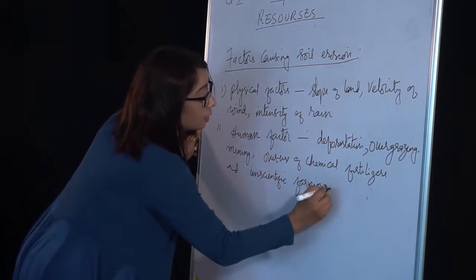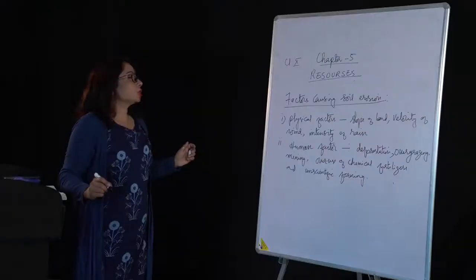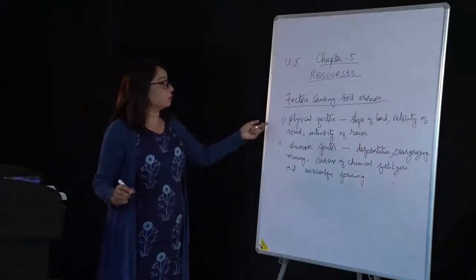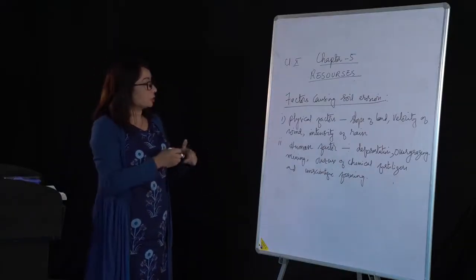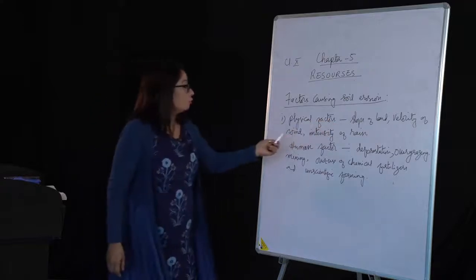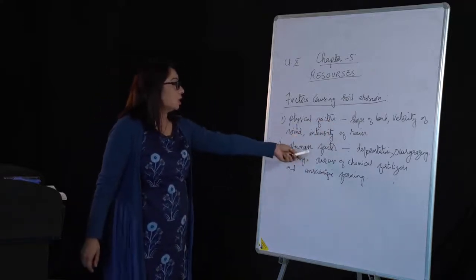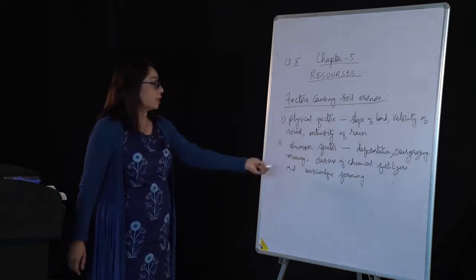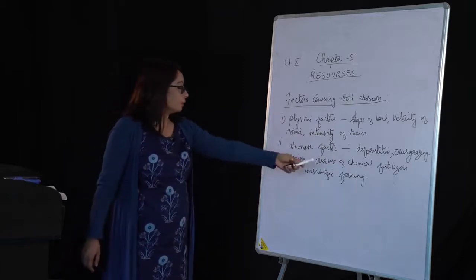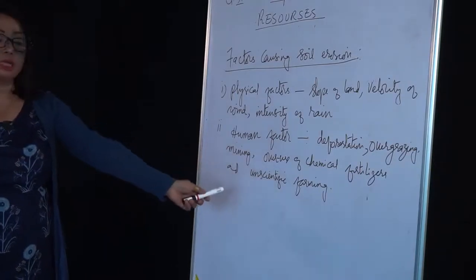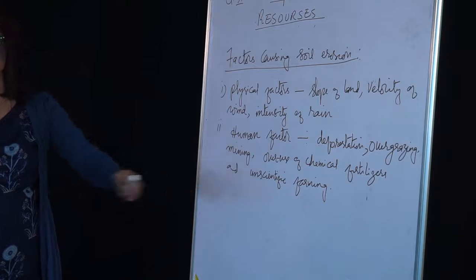So, the two factors that cause soil erosion: number one, physical factors that include slope of land, velocity of wind and intensity of rain, and second one is the human factors: deforestation, overgrazing, mining, overuse of chemical fertilizers, unscientific farming methods, etc.